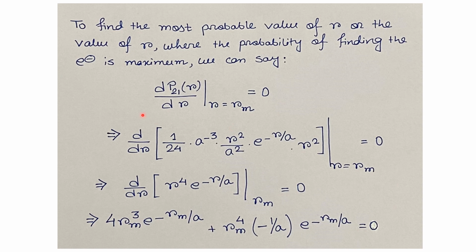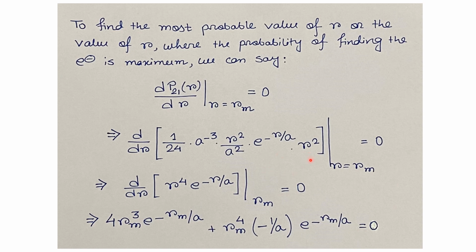So we'll put the expression for P21 in this equation. Now P21 is basically mod of R21 square times r square. Mod of R21 square is 1 by 24 times a to the power minus 3, r square by a square, times e to the power minus r by a, times r square.